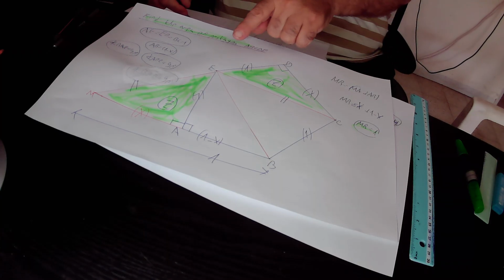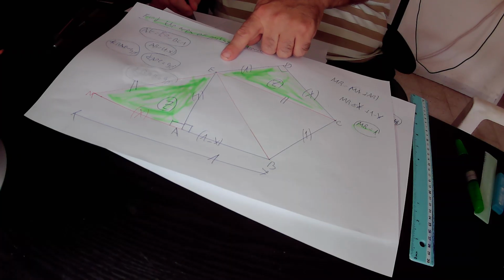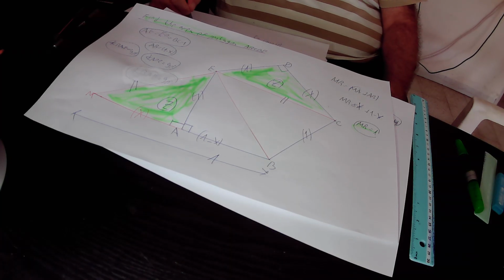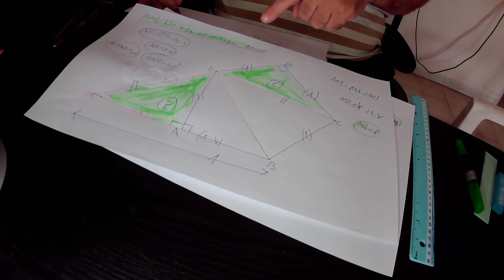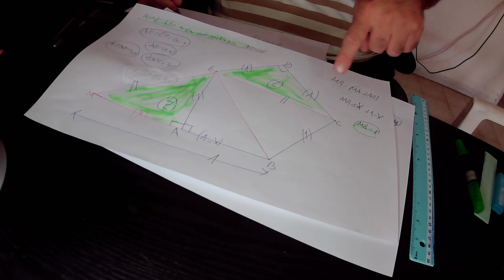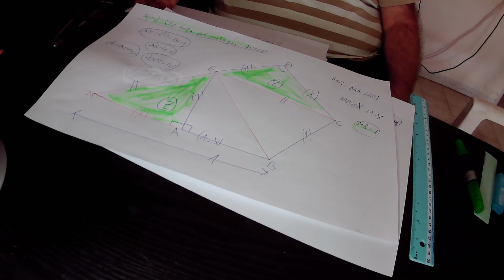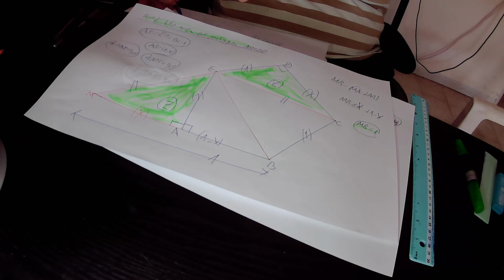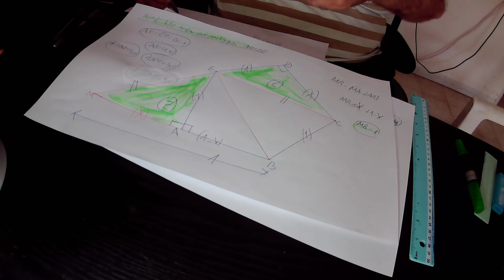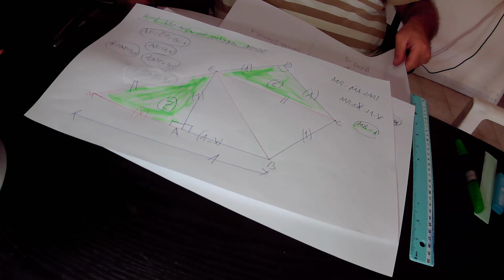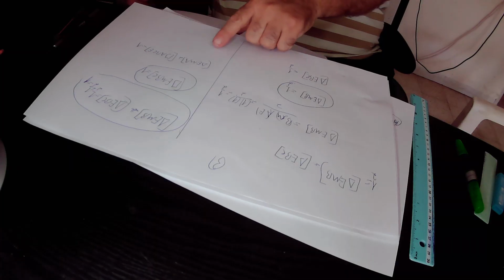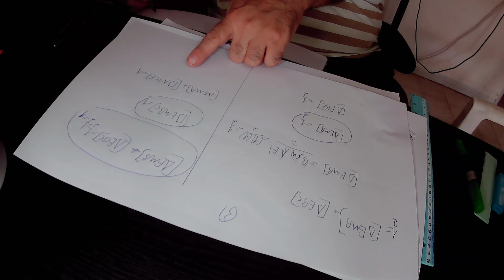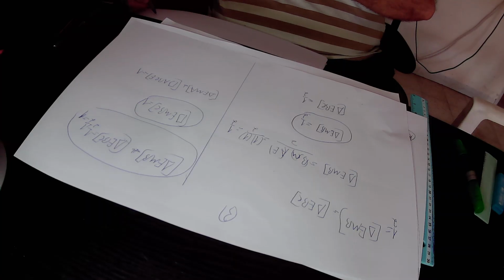So I found out that the area of this right triangle EMA plus the area of this quadrilateral EABC is equal to the area of quadrilateral EMBC, which is equal to 1.